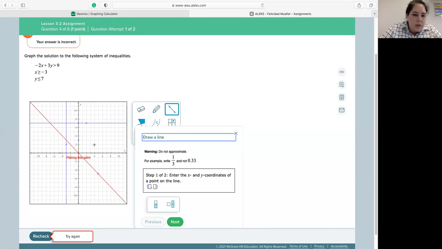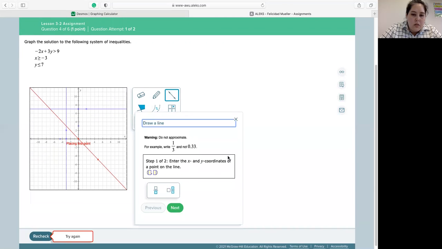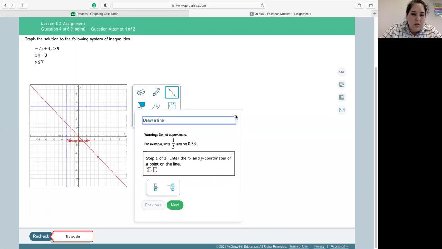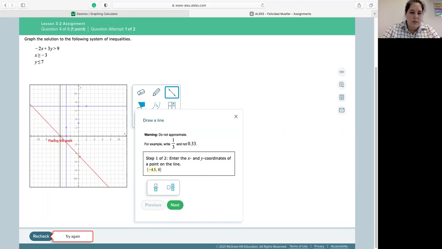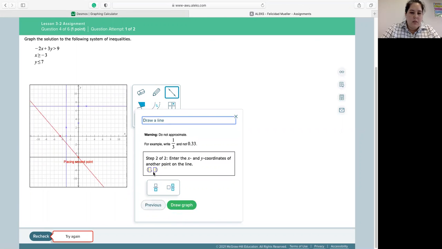Oh, I see what I did wrong. So I plotted the wrong point. So it is going to be negative 4.50. And then we said negative 3, 0.